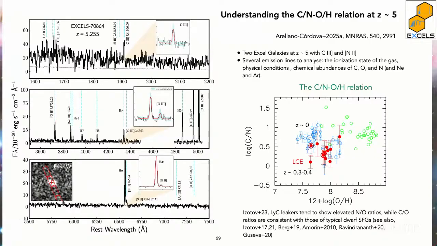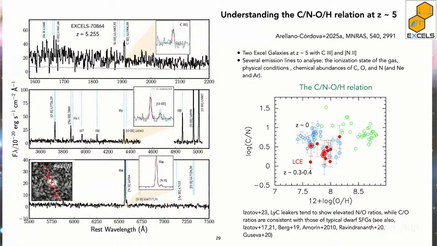This is the work from Ispero 2023, and they showed that nitrogen, or this ratio, is enhanced. Nitrogen is pushing in this direction. So it means that there is a difference in the scenarios that enrich these galaxies at this redshift.